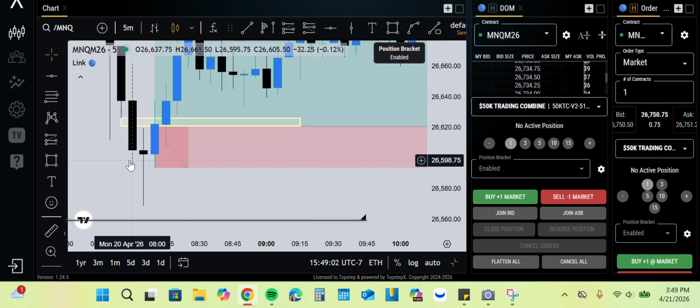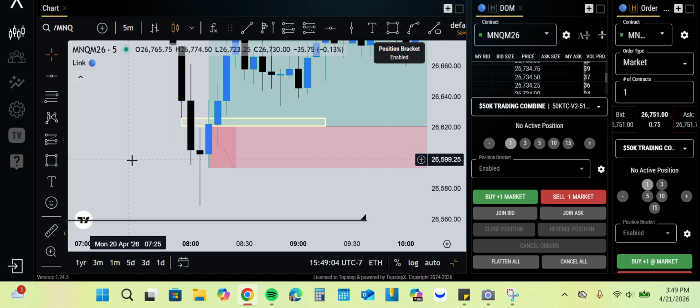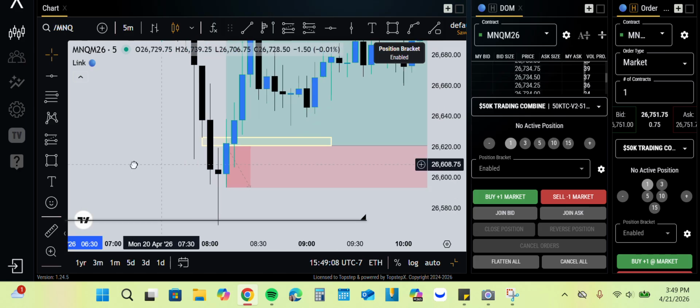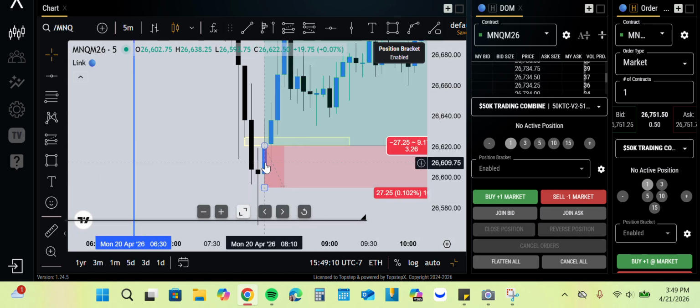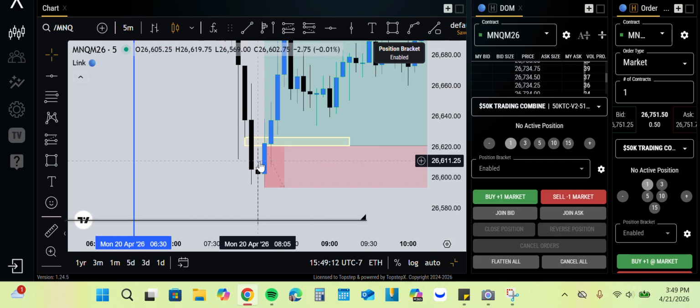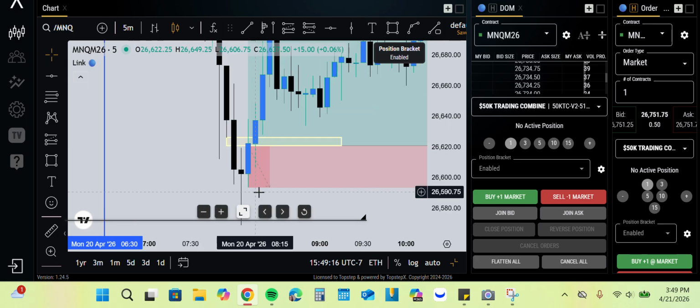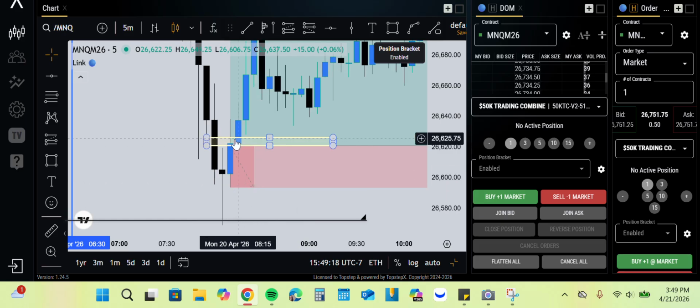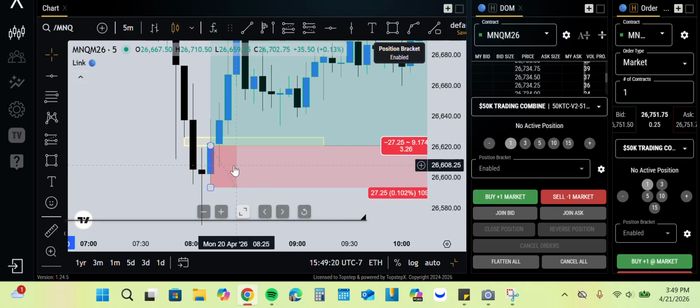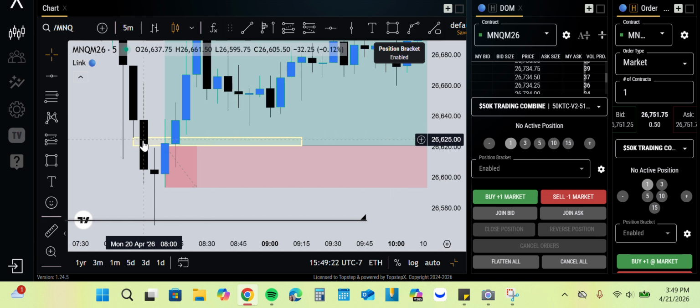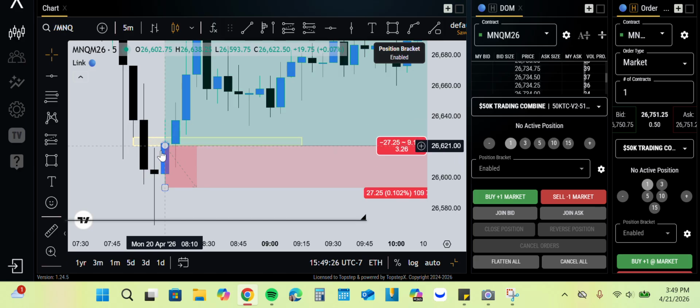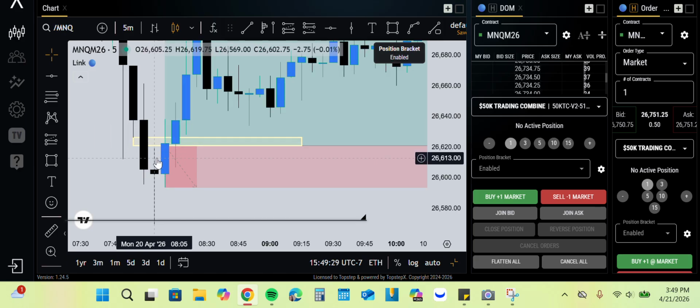So let's talk about why I entered the trade and where I entered the trade. This candle right here was the first bullish candle from this downtrend. And the reason I didn't enter on the 5 minute here, or the 1 minute, 2 minute, whatever, is because it only wicked this order block.